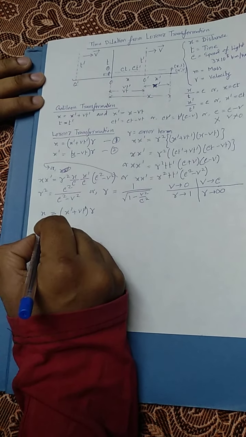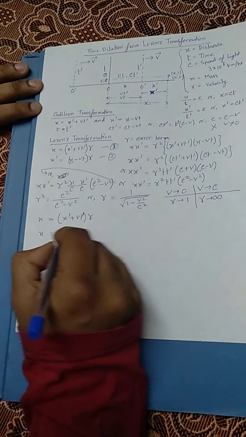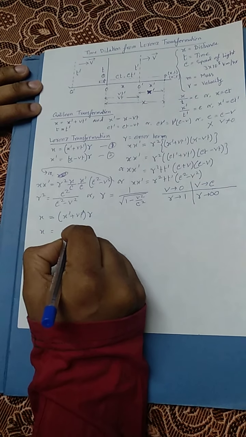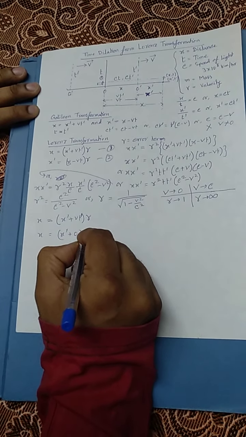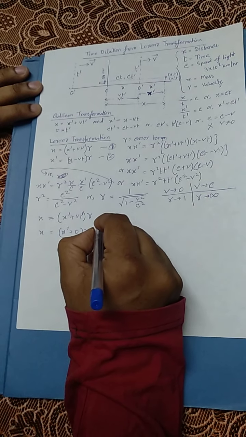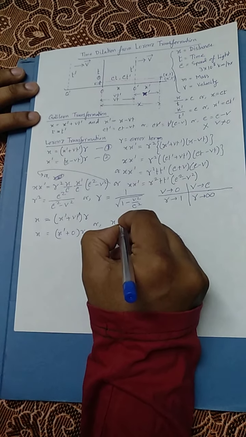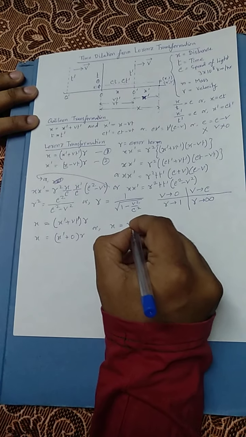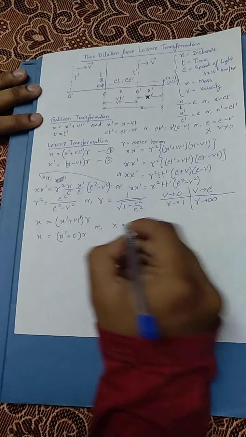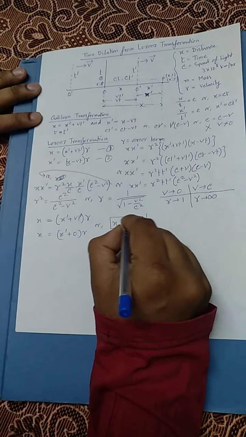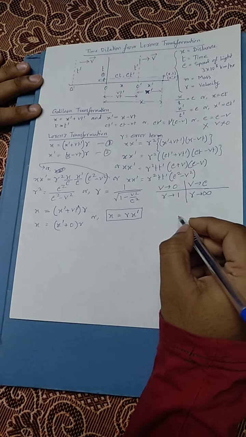So I can put x equal to (x prime plus 0) times gamma. Therefore x is equal to gamma x prime, that is the length contraction of Einstein's equation.